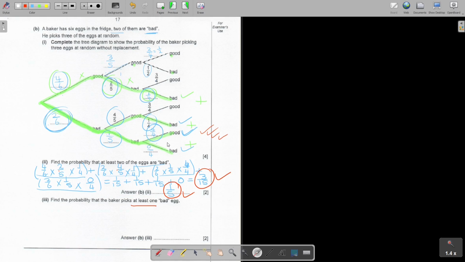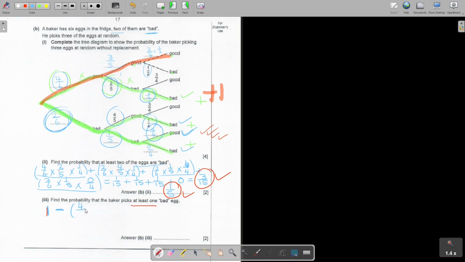There is a bad. The only one that's not having a bad in it, and can I show you, is this one, the good. And now, because I know all the branches add up to 1, I'm going to make use of that principle. So I'm just going to say, okay, I want all the branches except the red one. So I'm just going to say 1 minus, and I'm just taking the good.